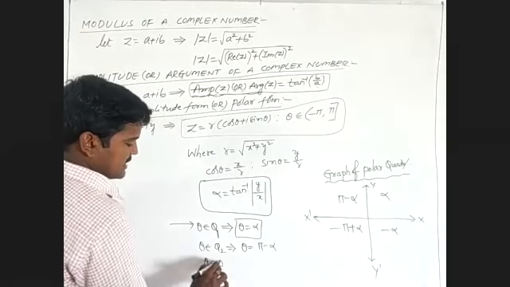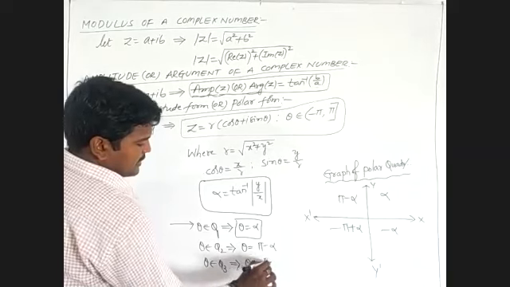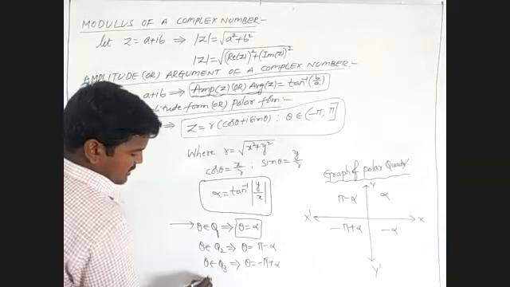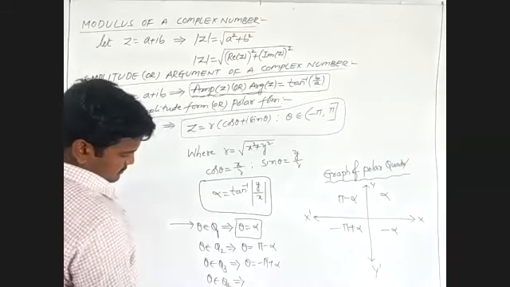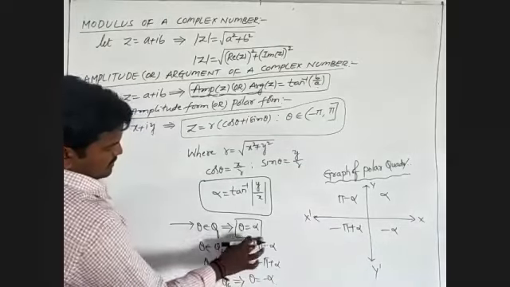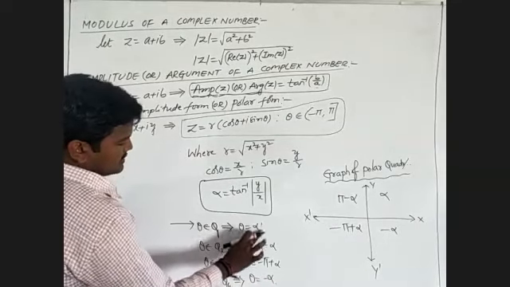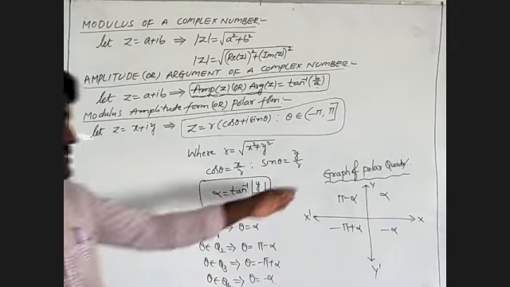If theta lies in the third quadrant, theta is equal to minus pi plus alpha. If theta lies in the fourth quadrant, then theta is equal to minus alpha. These are the 4 requirements of the given graph.